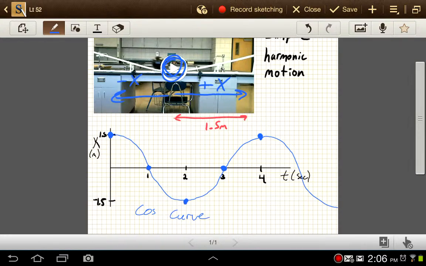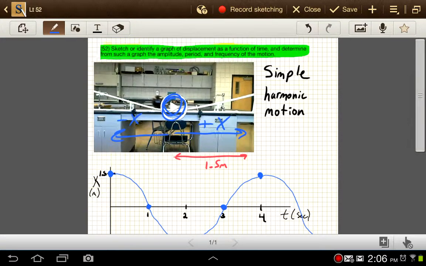All right, so from this graph, not only are we supposed to be able to make a graph of displacement, but we're also supposed to be able to use this to identify the amplitude, the period, and the frequency of the motion. Okay, so first off, amplitude. Well, we need to know what amplitude means. Amplitude is the maximum distance that our object gets from that equilibrium position.